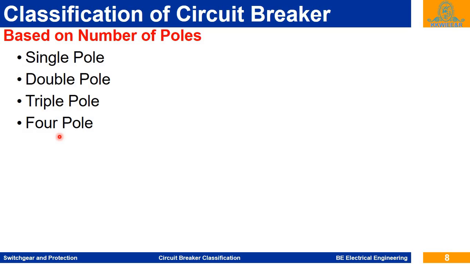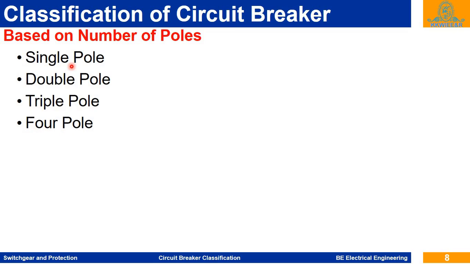So the neutral of generator, it is connected to the load. And when we shift from generator or DG supply to the utility supply, again we have to use the neutral from the utility side. So in that case, we are using this 4-pole circuit breaker.